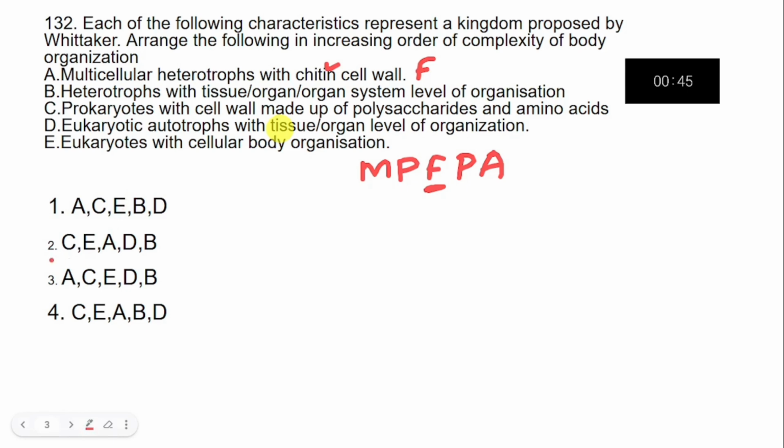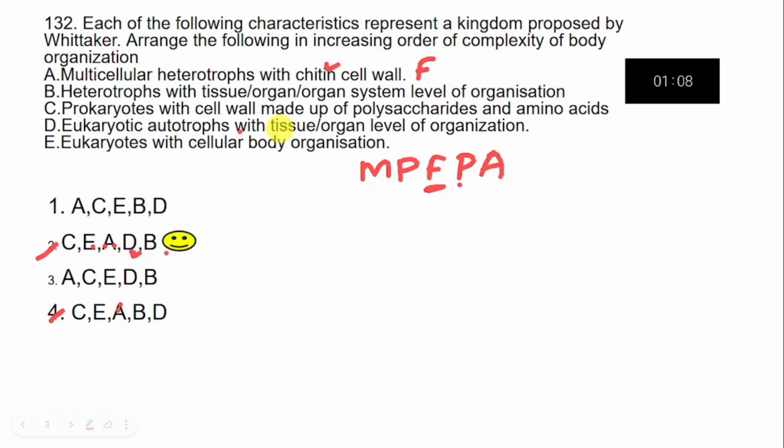Where do you see it? It is in option 2 and option 4. Now you can see C, E, A. That means we have the right answer. We only need to rule out between D or B. D is eukaryotic autotroph. Autotrophs are plants, definitely. So the answer will be option 2.